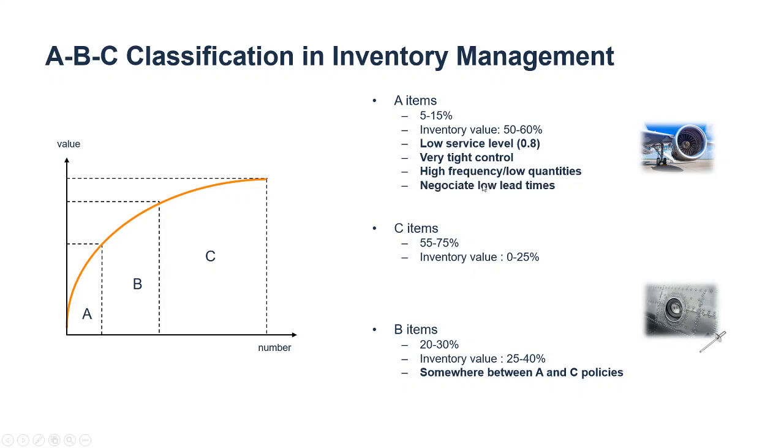We prefer to negotiate low lead times with our suppliers, because that way we can also combine that with ordering very frequently and having less uncertainty during the lead time, and being able to run away from stock out situations.